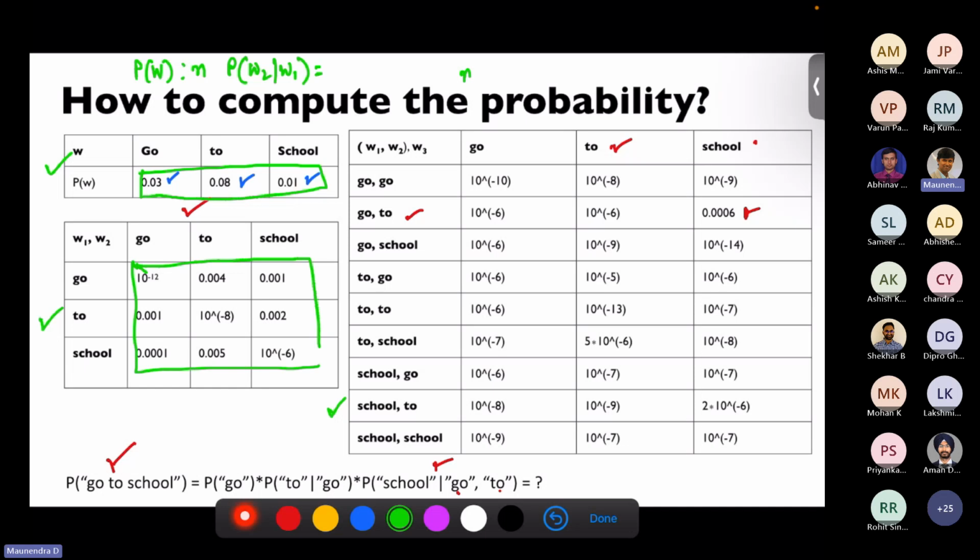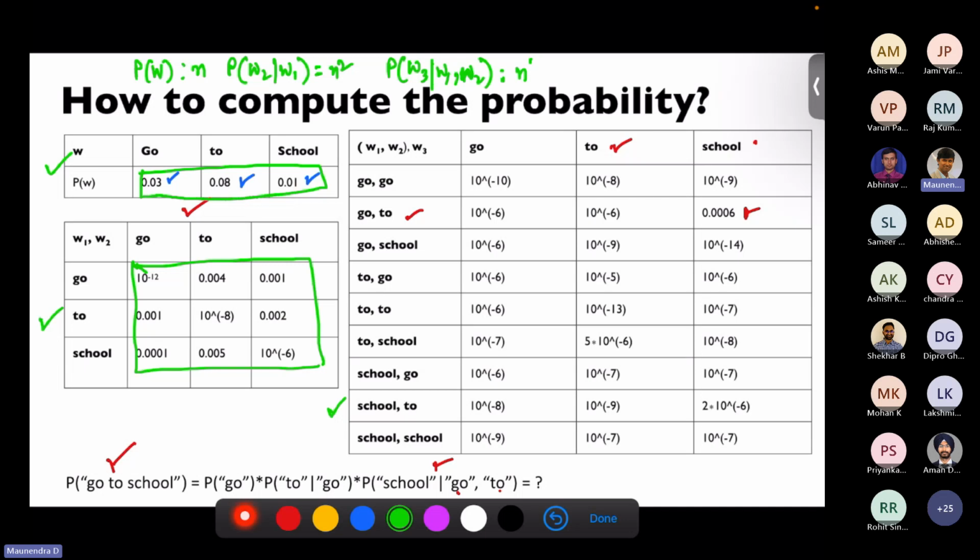How many entries should we store in this table that captures W2 given W1? N square. Right. Then how many for this one? N cube. Right. And so on.